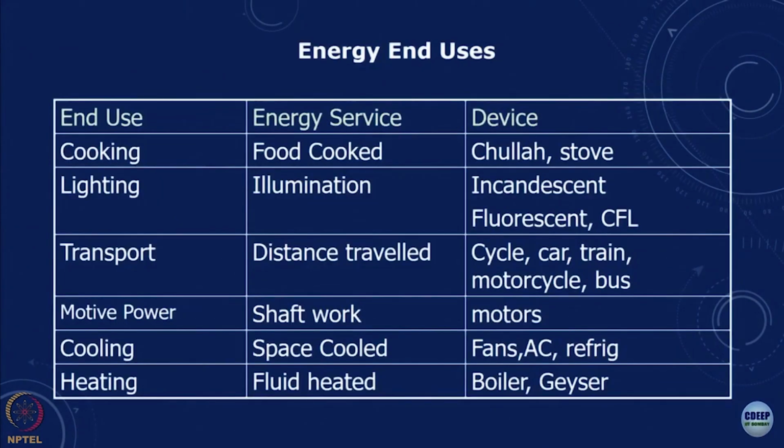So as we saw earlier, with the different end uses that we can list down, for instance, food cooked is the energy service, illumination for lighting, distance traveled for transport, shaft work for motive power, space cooled, fluid heated, and each of these have different devices like the chula, the stove for cooking, incandescent, fluorescent, compact fluorescent lamps for lighting, and for transport, cycles, cars, trains, motors for shaft work, fans, air conditioning, refrigeration, space cooling, boilers and geysers for heating.